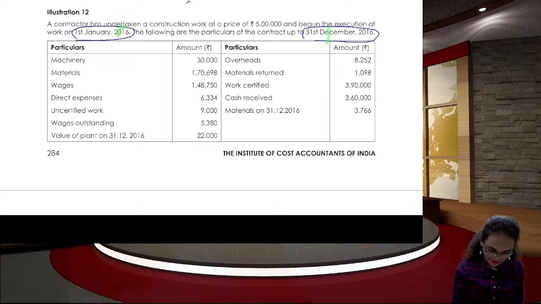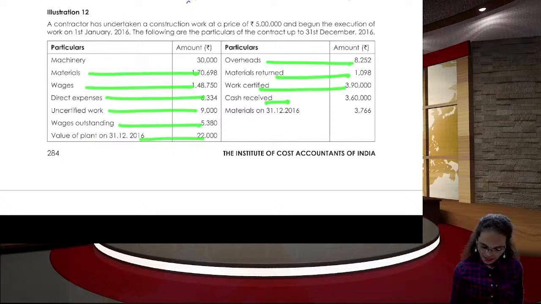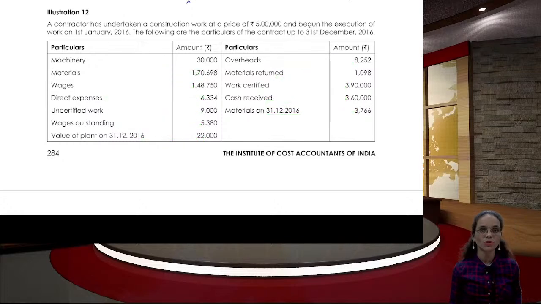Right. Next one. Machinery, that is the plant, is given. Material, wages, direct expenses, work uncertified, outstanding wages, value of the plant, overheads, material return, work certified, cash received, and material as on 31st December, that is the closing stock, are also given.